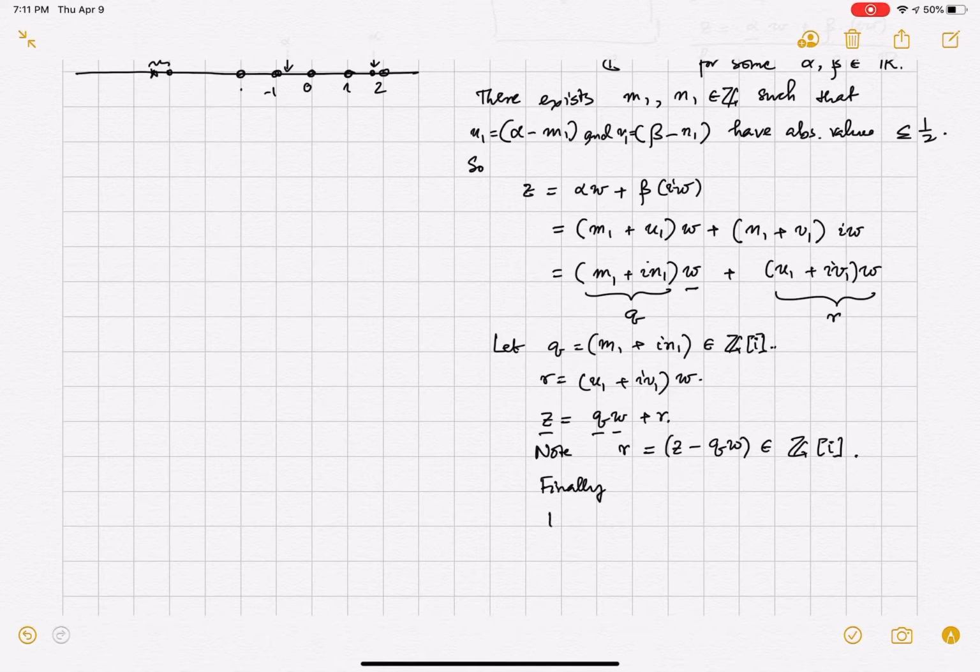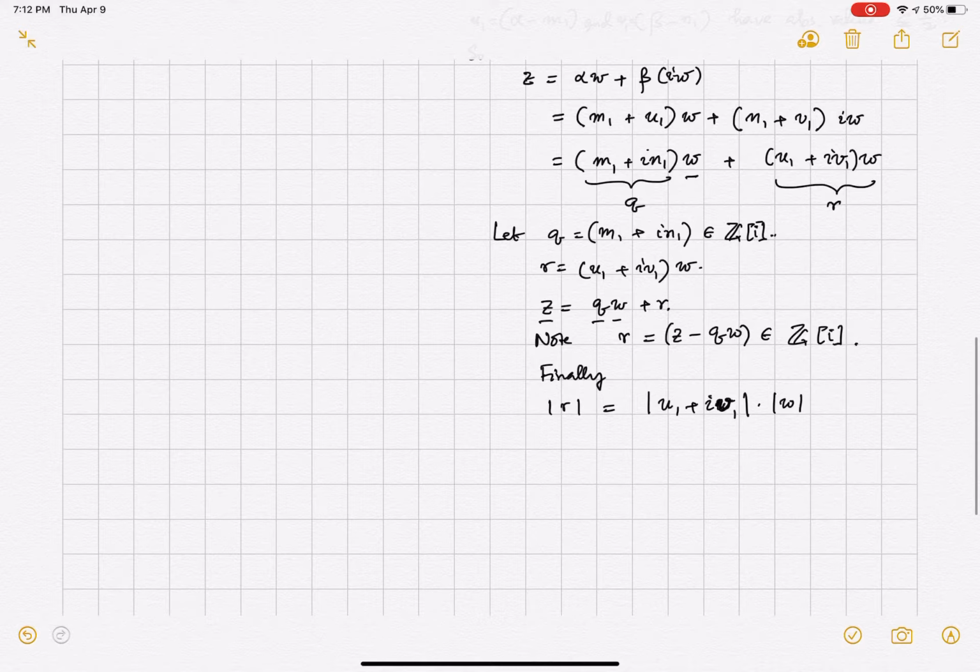And finally, let's calculate the size. The size of this is the size of u1 plus i v1 times the size of w. But that's the same as, both the real part and the imaginary part of this number are less than half. So let's take the square.